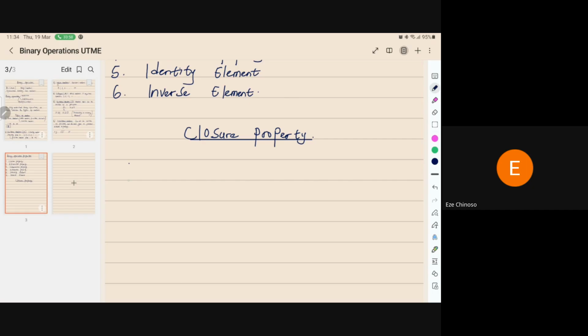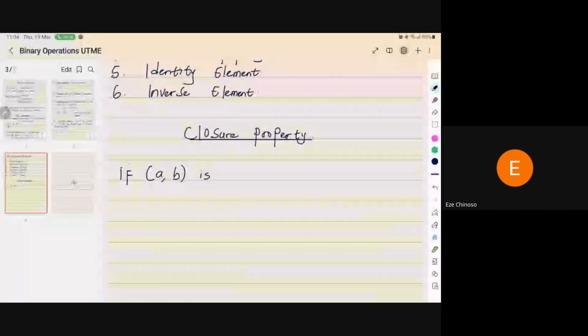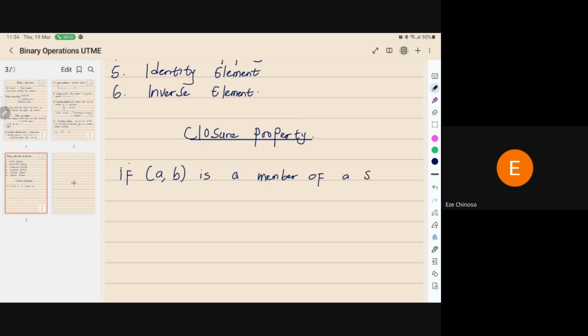So let's say that if A comma B is a member of a set, I'm just writing in layman's terms, and I apply any operations on them.